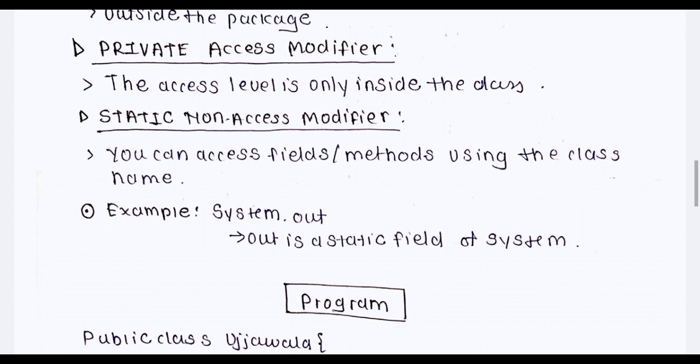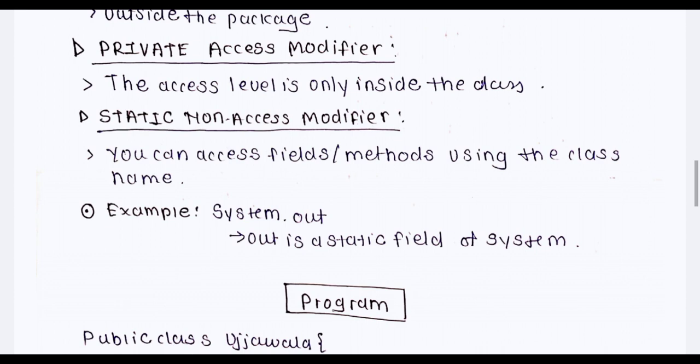Static is a non-access modifier we can call it, and you can access fields or methods using the class name. Okay. So static means which cannot change, and it can be accessed by class name as well. So an example is System.out. Out is a static field of System.